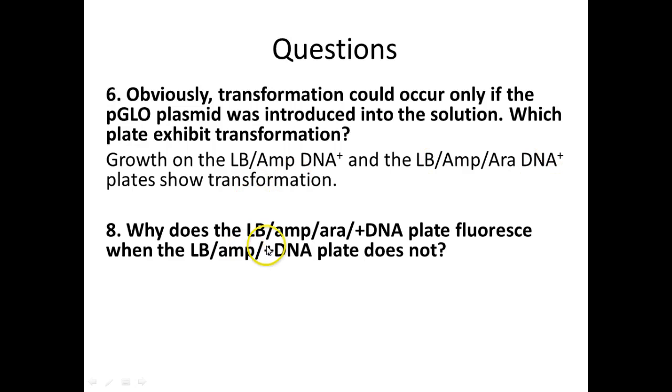So why will the one containing the arabinose sugar fluoresce and the one that does not contain it not fluoresce? Well, why is the sugar important? Because the sugar has got to bind to the regulator, right? and allow the promoter to become available for the RNA polymerase to actually copy that information.